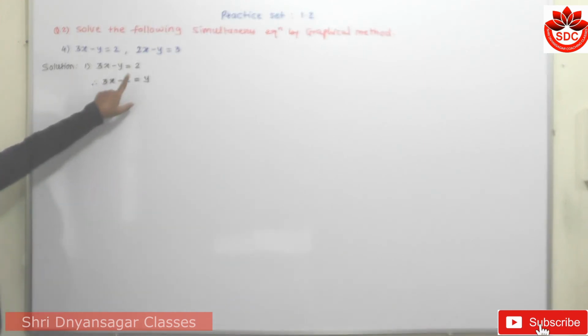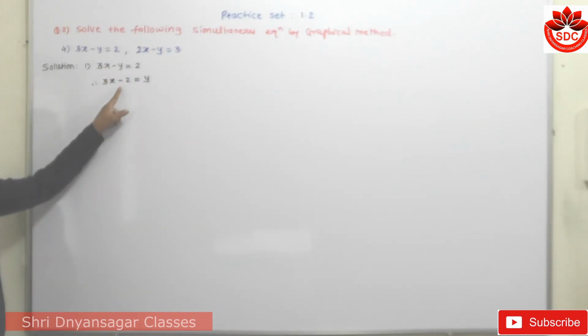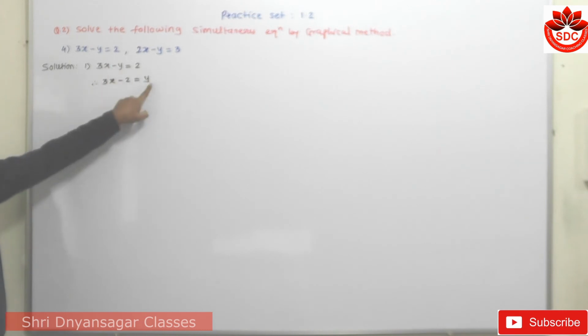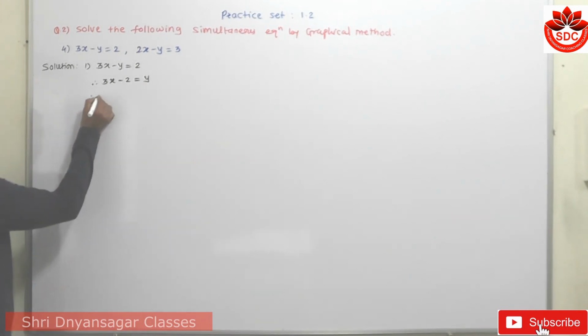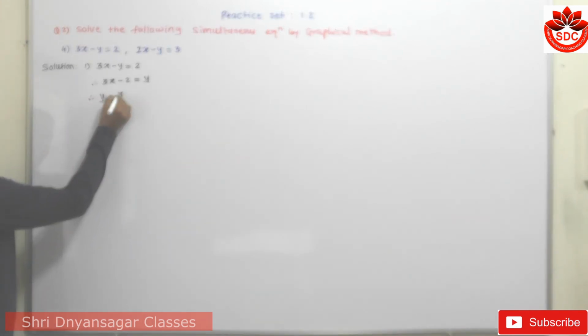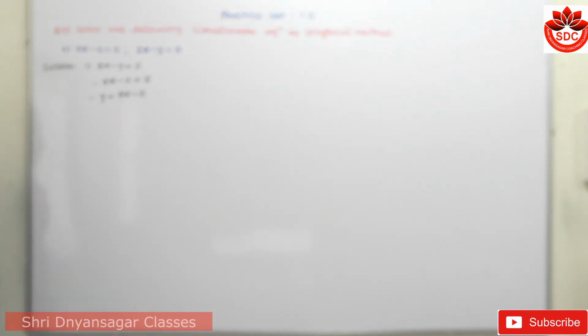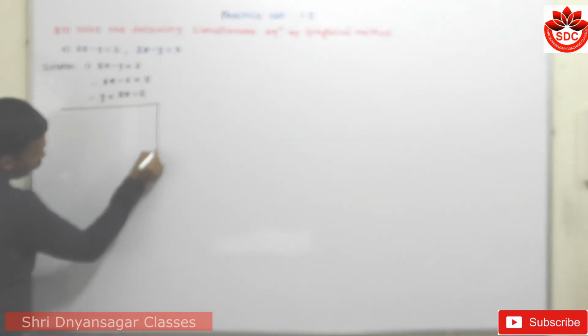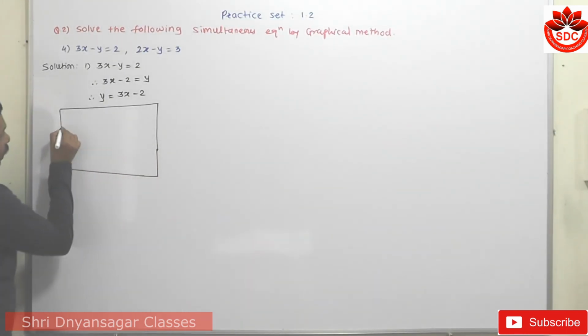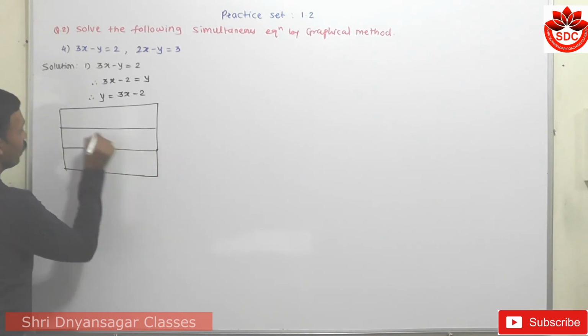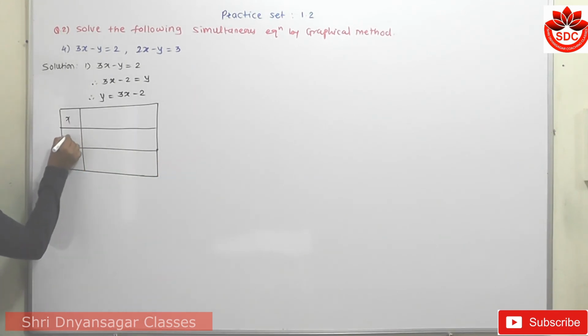Can you understand this step? This is plus, transposed here it becomes minus. This is minus, transposed to this side, it converts to plus. Then I write this equation starting with the y variable: y is equal to 3x minus 2. We take this equation and prepare a table taking any three values of x, find out the value of y, and find its coordinates, x comma y.